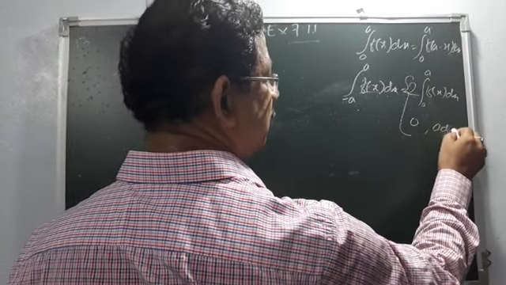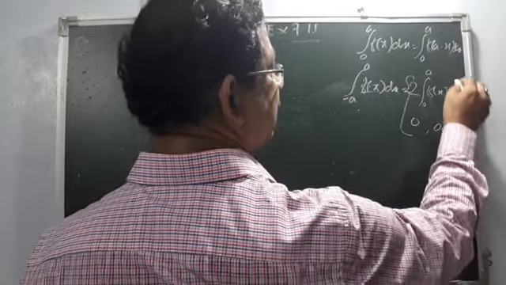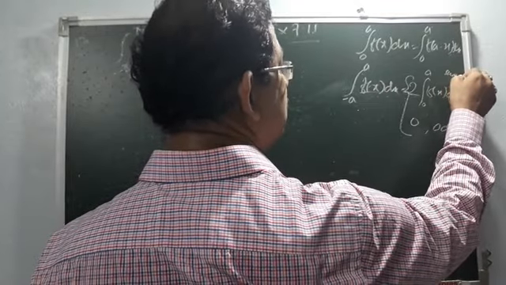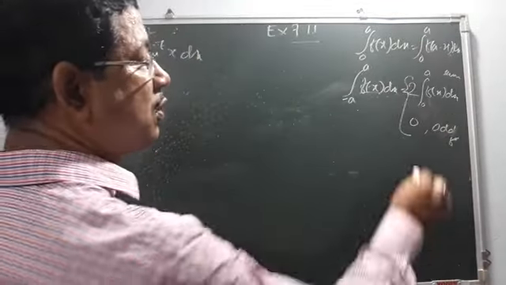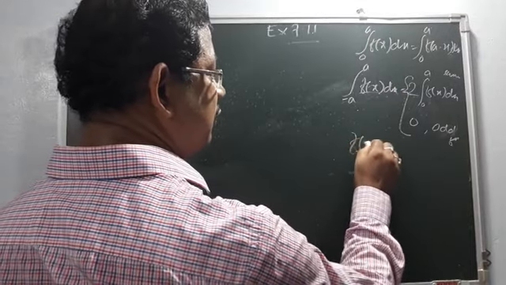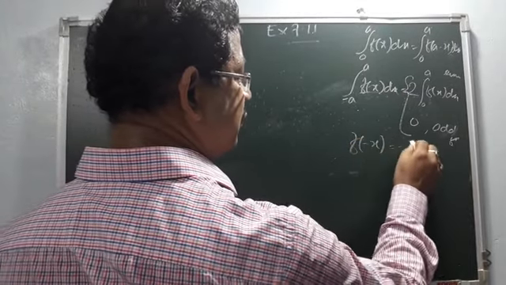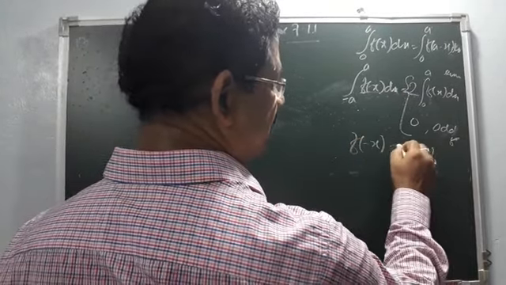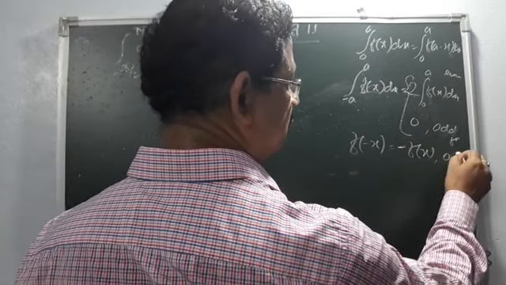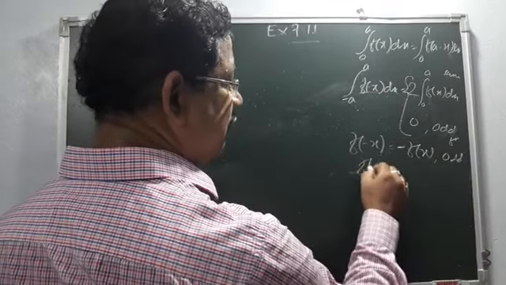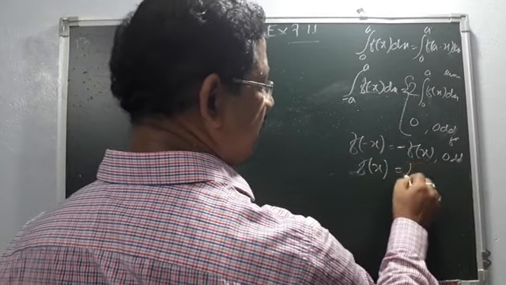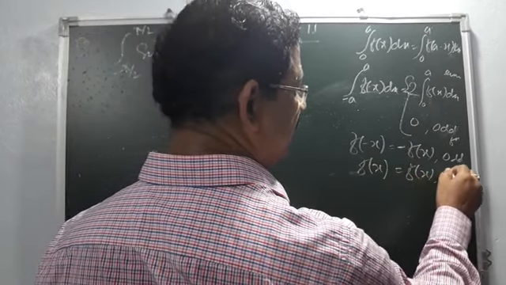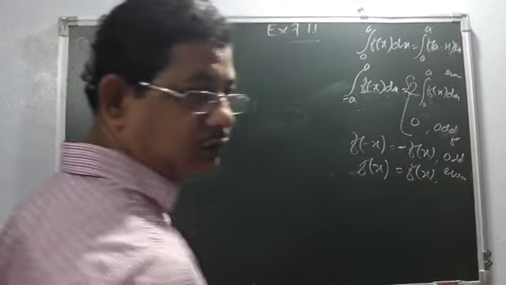Which is even? Odd means what? If f(minus x) is minus f(x), then it is called an odd function. And if f(minus x) equals f(x), then f(x) is called an even function.